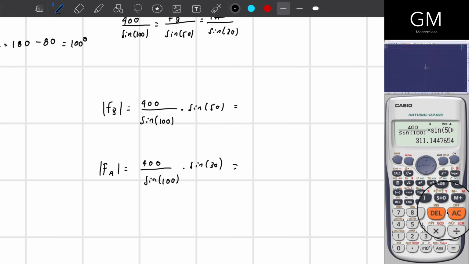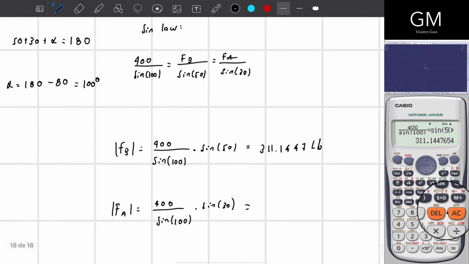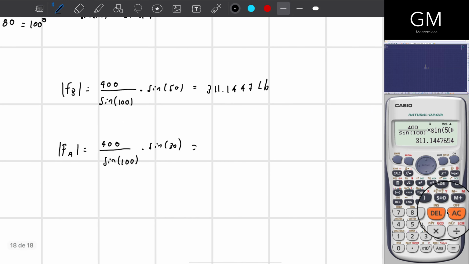Right, this is equal to 311.1447. I always use 4 significant digits after the comma or the point. In this case, now I do care about the unit system, so we're talking about pounds from the beginning, so it is equal to pounds.